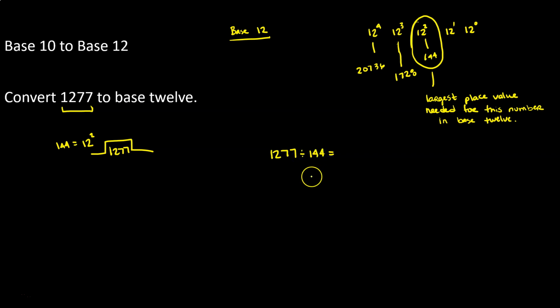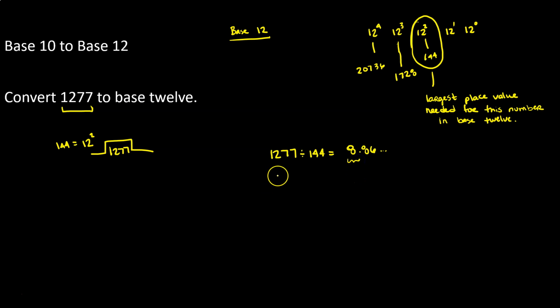If we divide 1,277 by 144, we get 8.86 other digits. All we care about is the whole number piece.